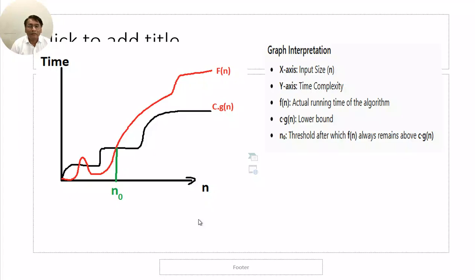If you see, after taking the value of n greater than or equal to n0, the time complexity of f(n) is always greater than or equal to c times g(n).